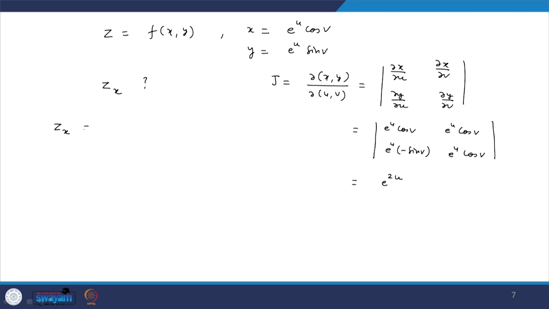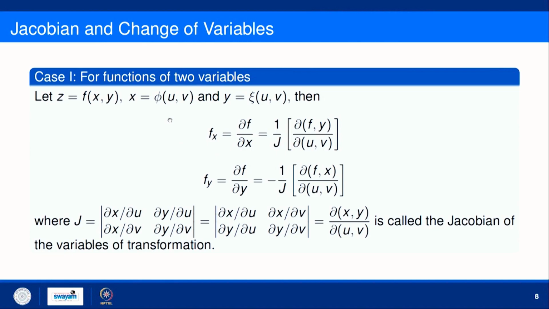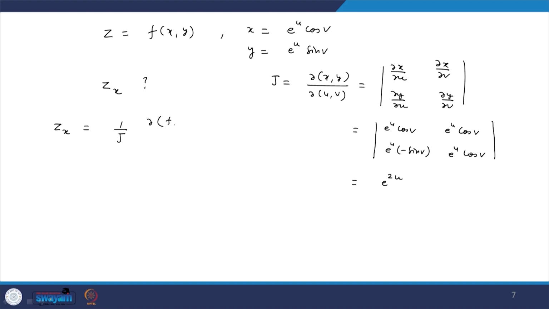Now, what is z_x? As we have just seen, it is del(f,y) upon del(u,v). So, that is simply 1 upon e raised to power 2u times the determinant of del f by del u, del f by del v, del y by del u, del y by del v.